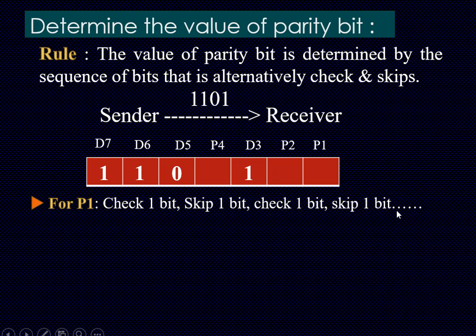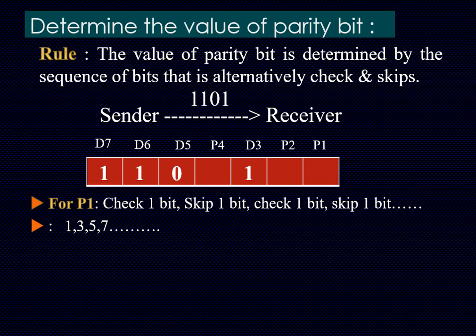Check one bit means 1 is checked. Skip one bit means 2 is skipped. Then 3 is checked and 4 is skipped. Check 5, and 6 is skipped. 7 is checked. So for P1 it is 1, 3, 5, 7.